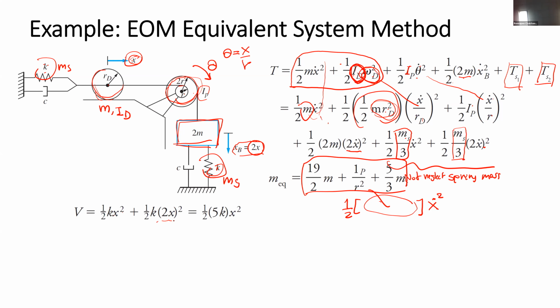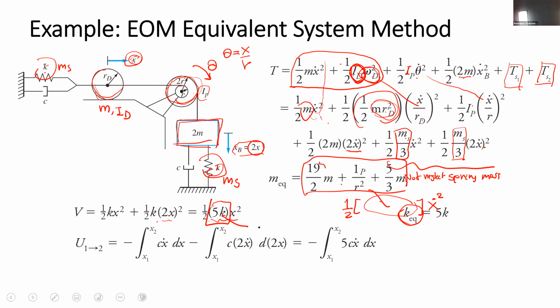So finally, the total potential energy is this one. So the equivalent stiffness, this one, 5k, is the equivalent stiffness.